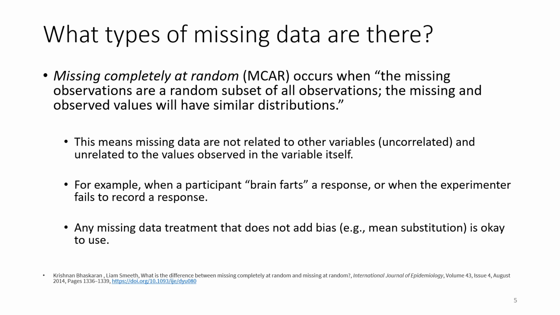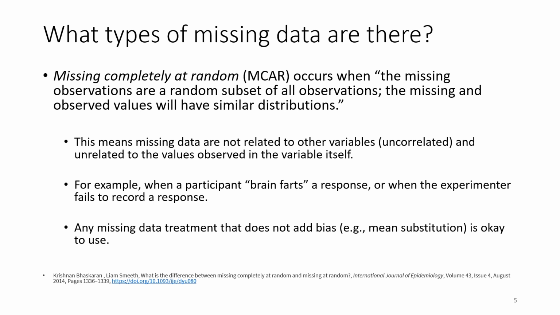So of the three states, the first state, missing completely at random, is the easiest to deal with because there is no bias associated with missing data. That is, missing completely at random, MCAR, occurs when the missing observations are a random subset of the observations collected.